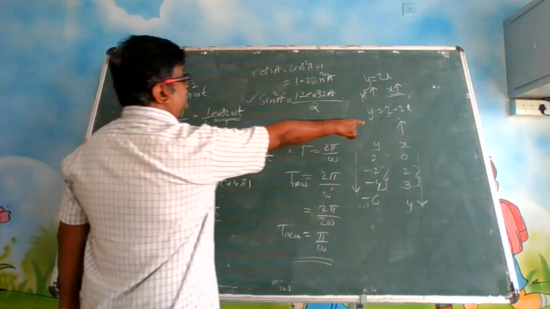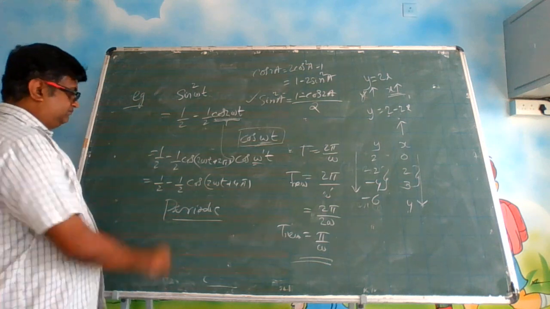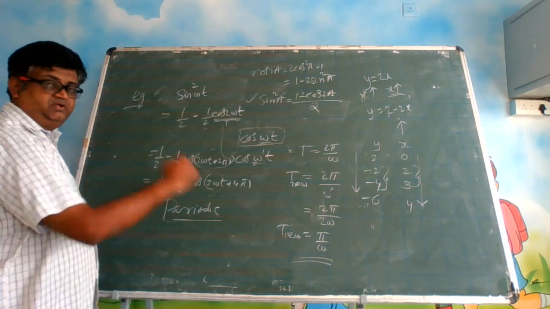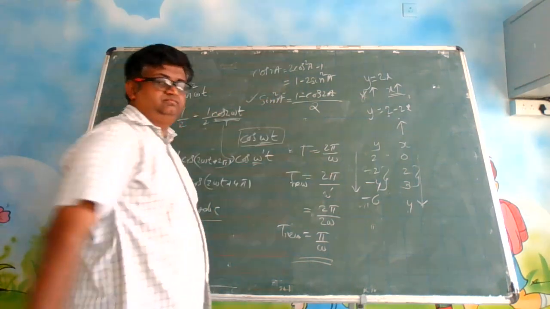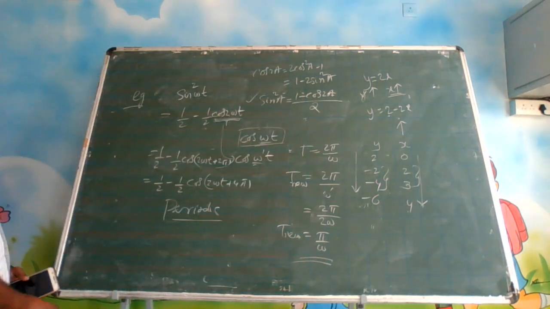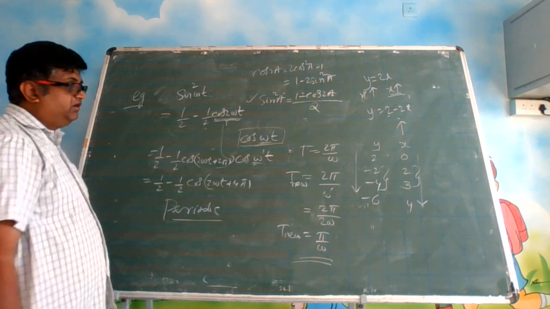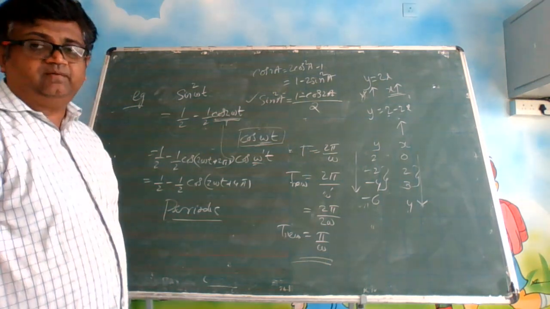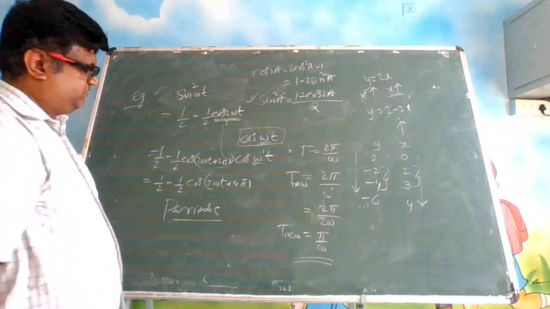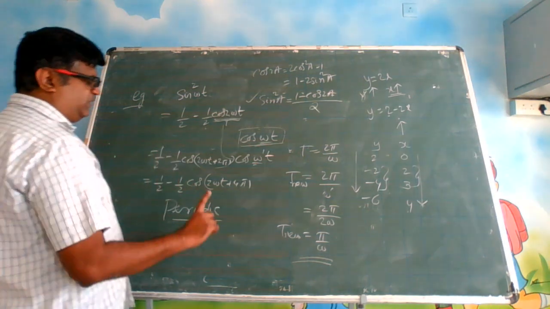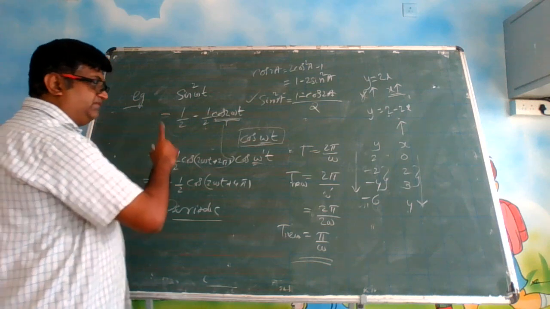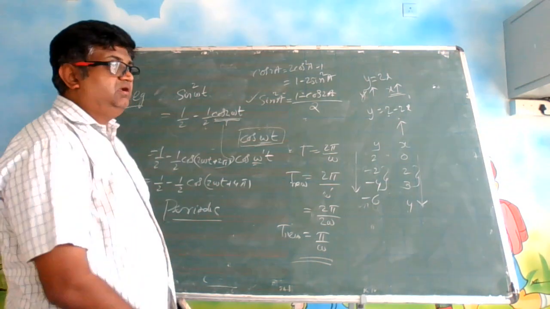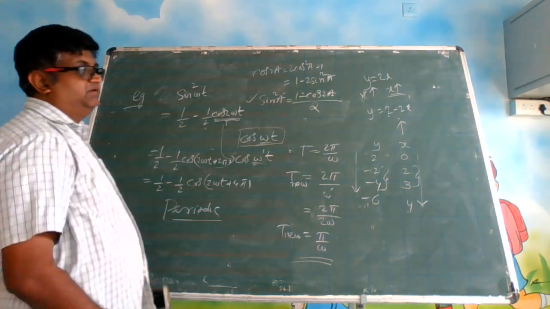Compare this equation with this equation, what I have done here. They both look similar, no? Here it's a cosine function, but the concept involved is this one. So this function is periodic, but not a simple harmonic motion. For a function to be simple harmonic motion, it should be both periodic as well as the acceleration should be proportional to the minus of displacement.